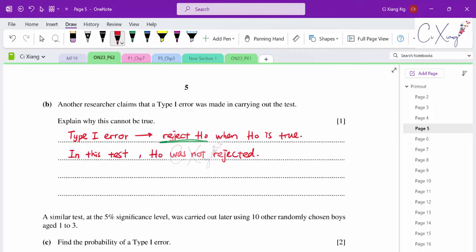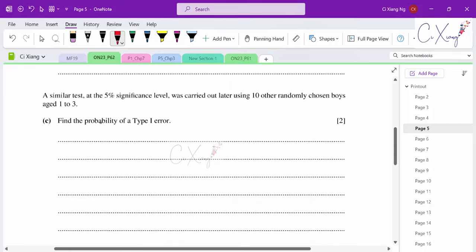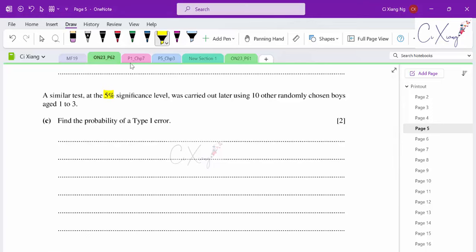Okay, then after that, for part C, a similar test at the 5% significance level was carried out later using 10 other randomly chosen boys age 1 to 3. They wanted to find the probability of a type 1 error.